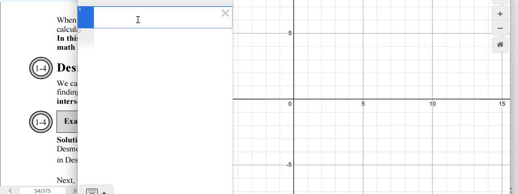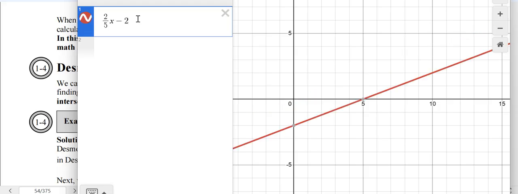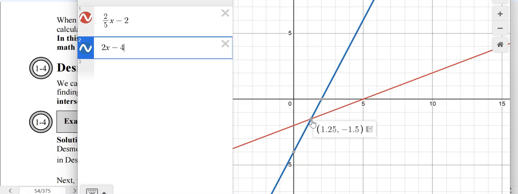So 2/5 x minus 2 and 2x minus 4, then their intersection point is here, 1.25, and the y value is negative 1.5.